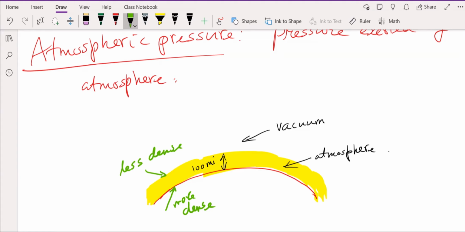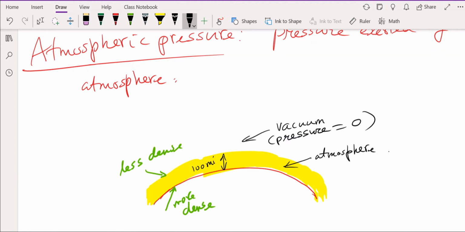Make sense? So what is the pressure at the very top in vacuum? Pressure is 0. There's no pressure, because what causes pressure is atoms coming and hitting us, but there's no atom there. As long as there's no atom, there's no pressure. That is vacuum, that is space.